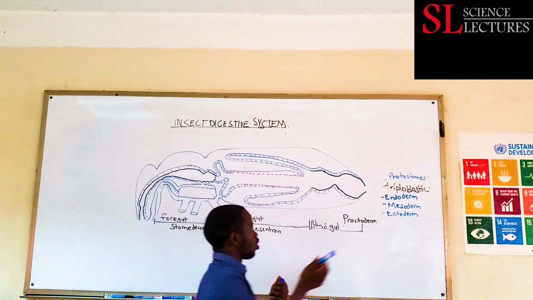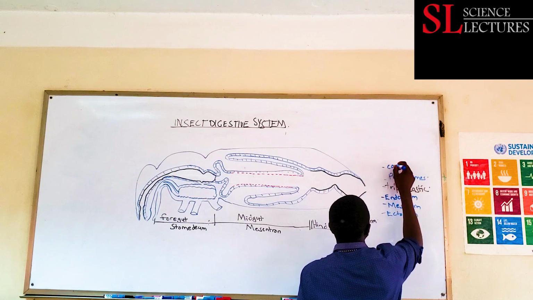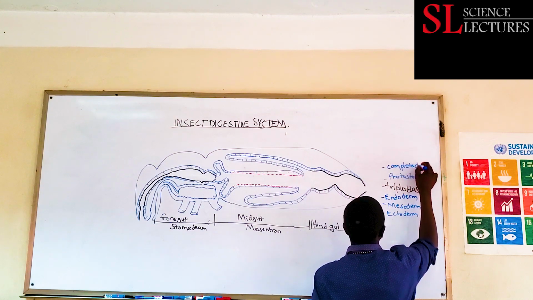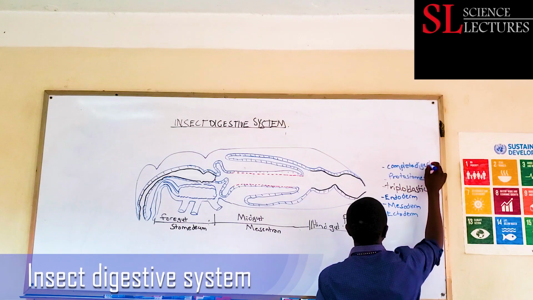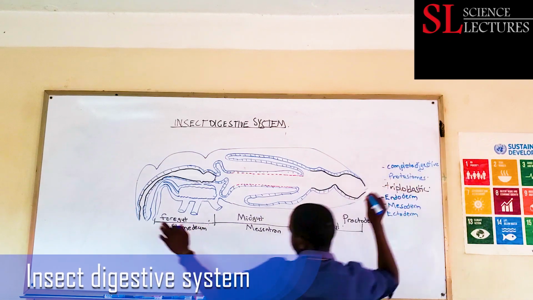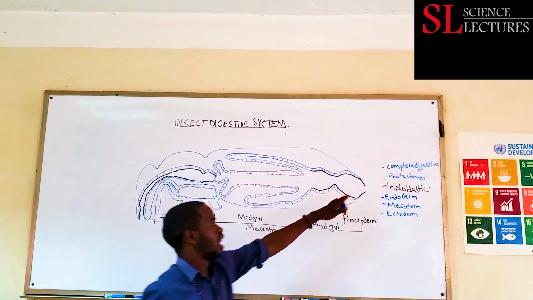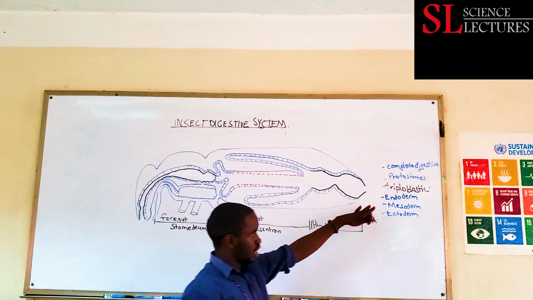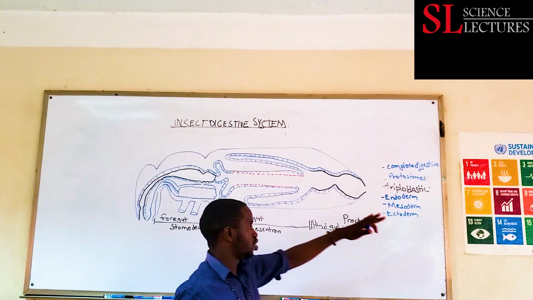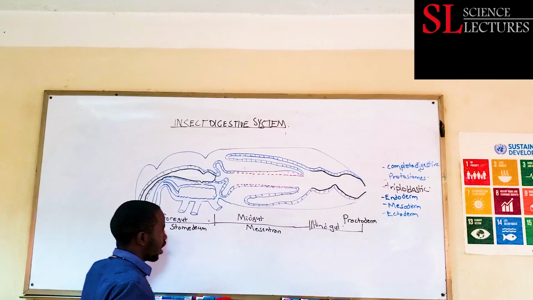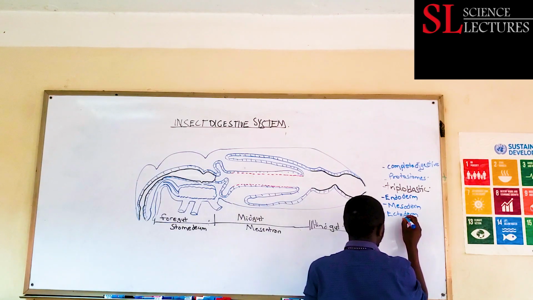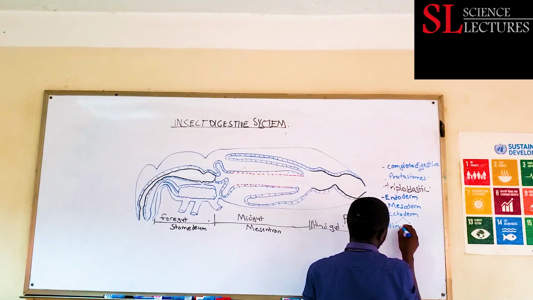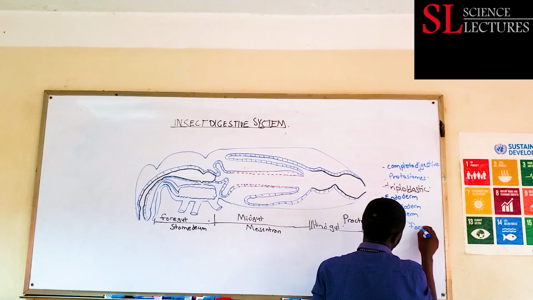And insects have a complete digestive system. The complete digestive system, or alimentary canal, is the one that has an oral opening and an anal opening. So, endoderm, ectoderm, and mesoderm. The foregut is ectodermal, and the hindgut is also ectodermal.